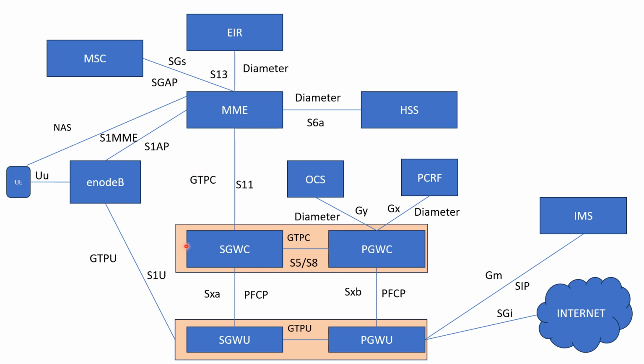Now, the question here is why we need CUPS, why we have separated control plane and user plane. In the telco world, most operators are experiencing that their subscribers are constant, but their user plane traffic, which is throughput, is increasing.